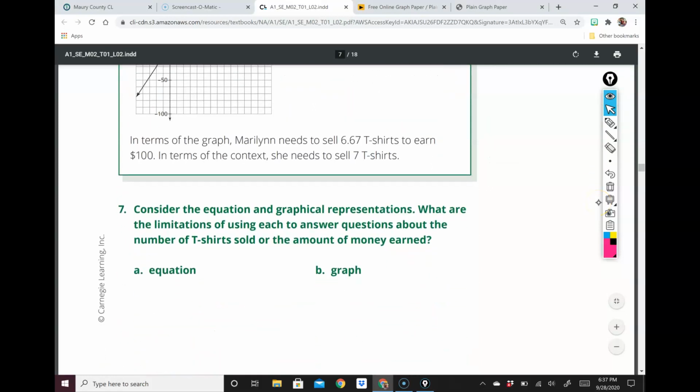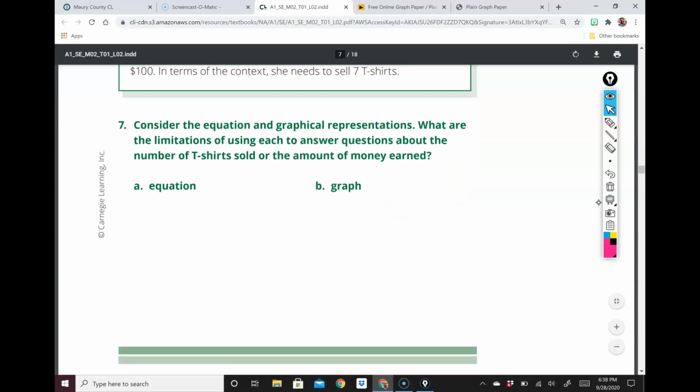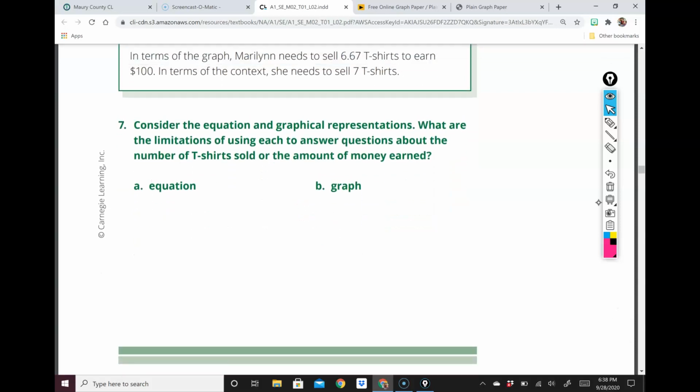Number 7, consider the equation and graphical representation. What are the limitations of using each to answer the questions about the number of t-shirts sold or the amount of money earned? So number 7, let's look at the equation. Sometimes an equation provides an answer that does not make sense in the context, and the answer must be rounded up or rounded down.